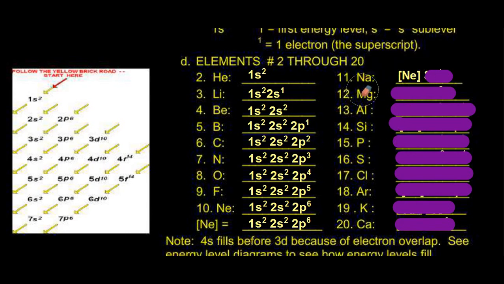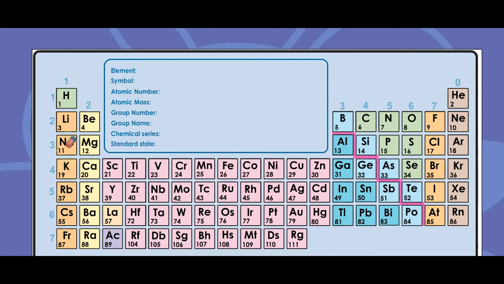So sodium, at number 11, is going to be neon 3s1. Magnesium would be neon 3s2. Aluminum would be neon 3s2 3p1.